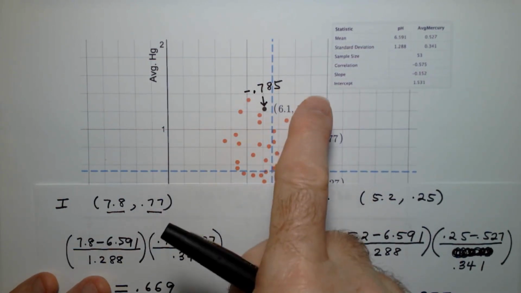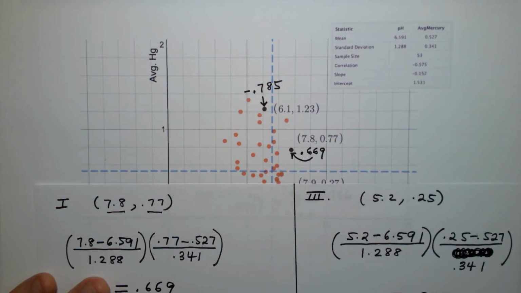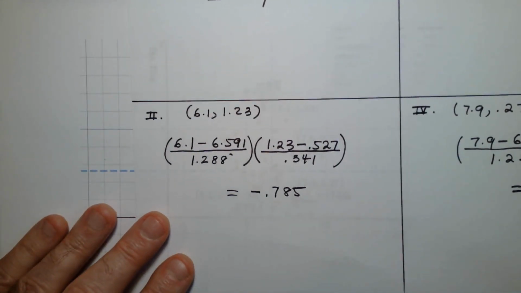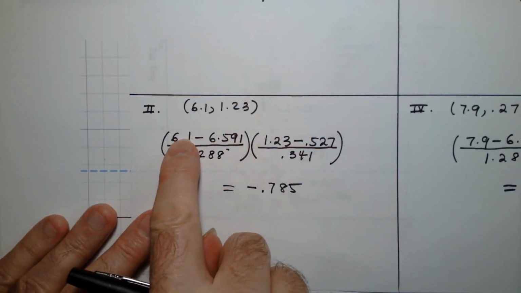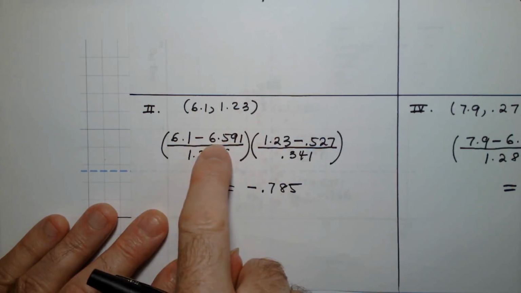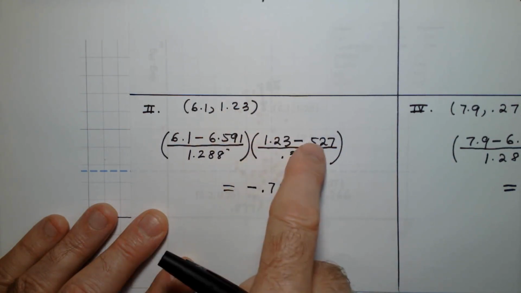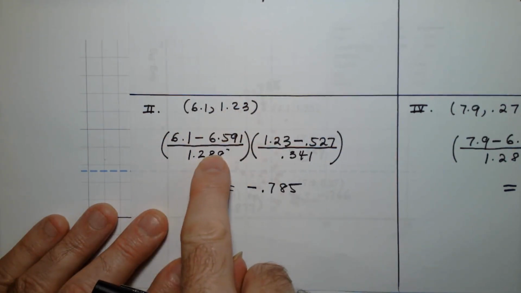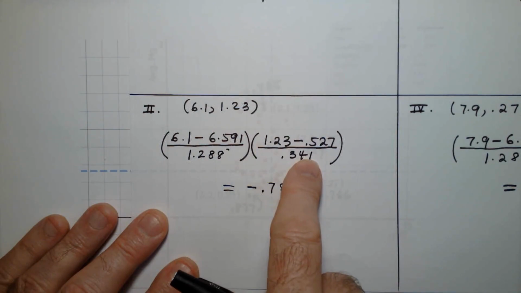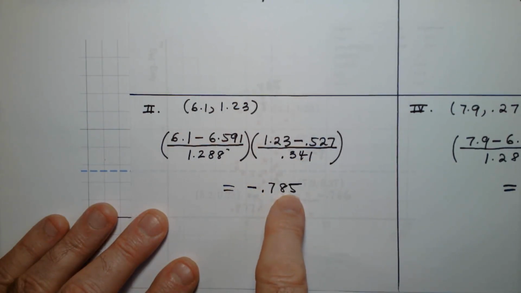So any point in quadrant 1 is going to have a positive product when you do the product of the z-scores. Now when you move into quadrant 2, you can see how the situation changes. This coordinate, the 6.1, is below the mean, whereas this coordinate is above the mean. So this is going to have a negative z-score, this will have a positive z-score, and the overall product will now be negative.